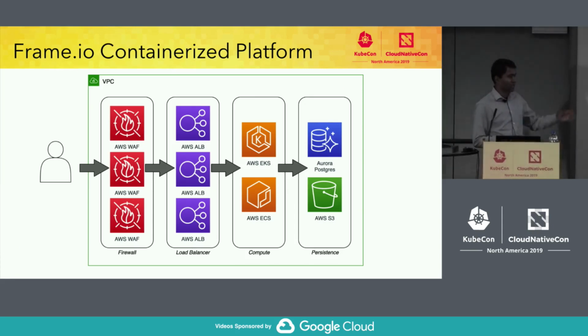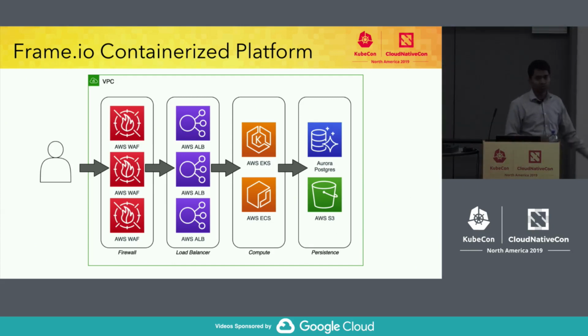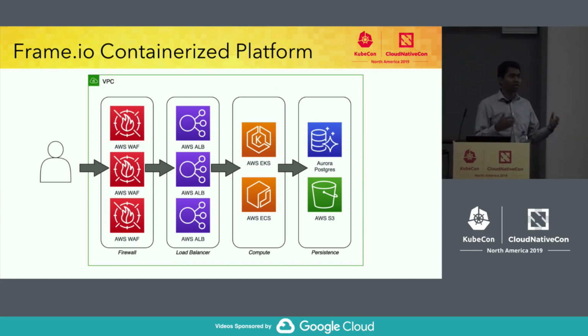So when the user sends a request, it goes to the AWS Web Application Firewall, then goes to the load balancer, and depending on the request type, it either hits the EKS cluster or the ECS cluster. Behind the scenes, we use Postgres as a database for storing the transactions, and all uploaded videos are stored inside an S3 bucket.